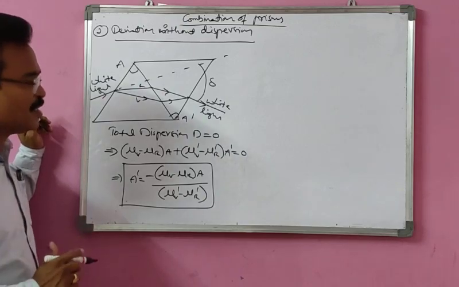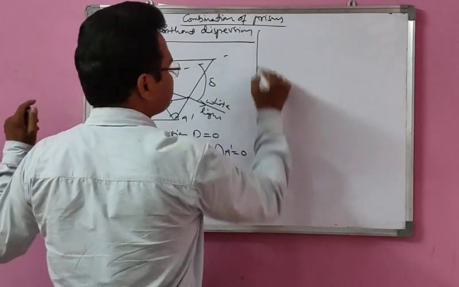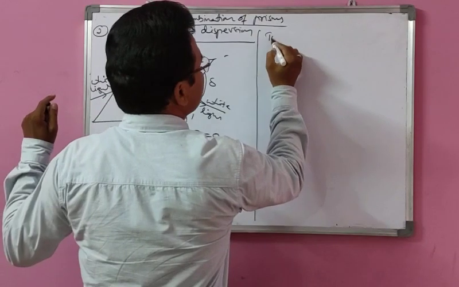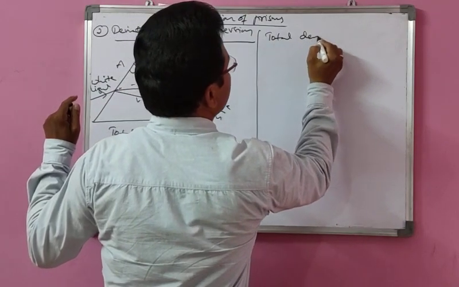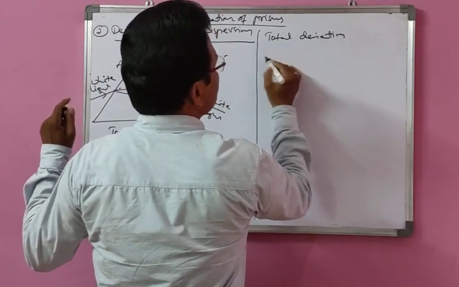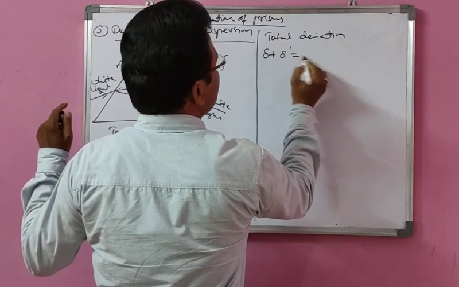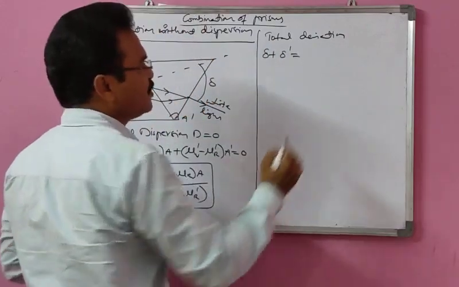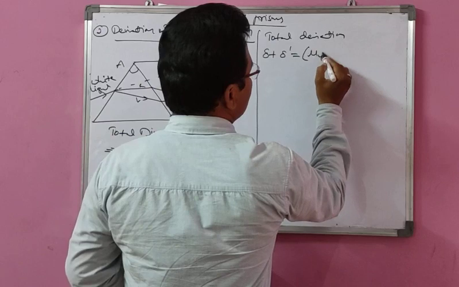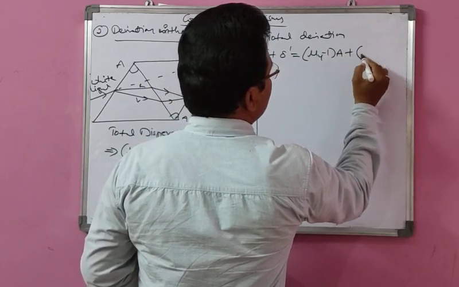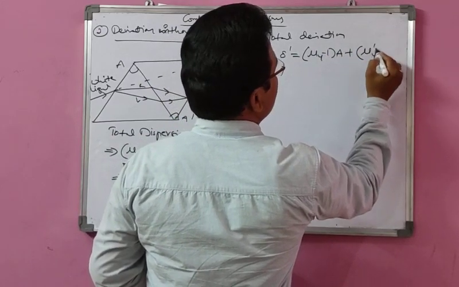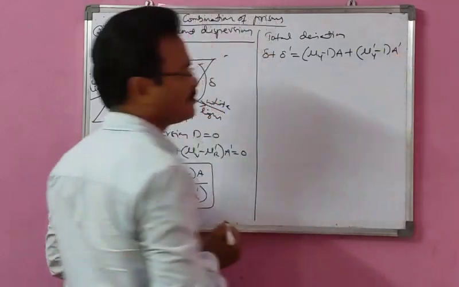Now let us calculate the total deviation. Total deviation is delta plus delta dash. Delta is mu y minus 1 of A, and delta dash is mu y dash minus 1 of A dash.